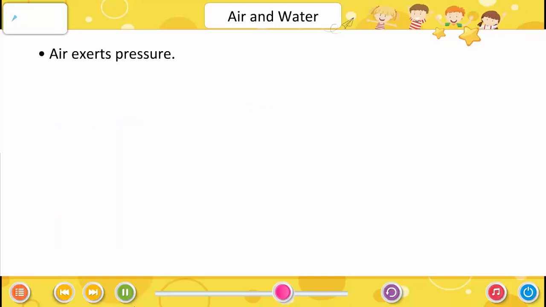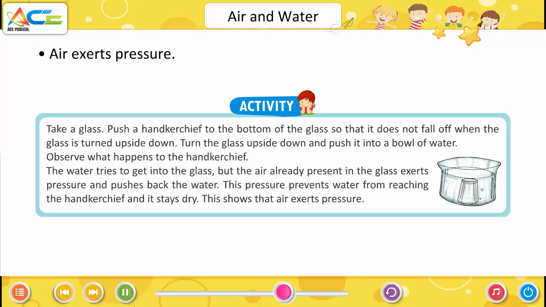Air exerts pressure. Activity. Take a glass, push a handkerchief to the bottom of the glass so that it does not fall off when the glass is turned upside down. Turn the glass upside down and push it into a bowl of water. Observe what happens to the handkerchief.